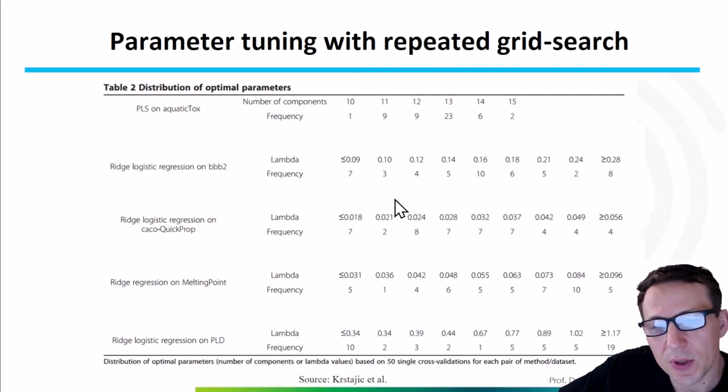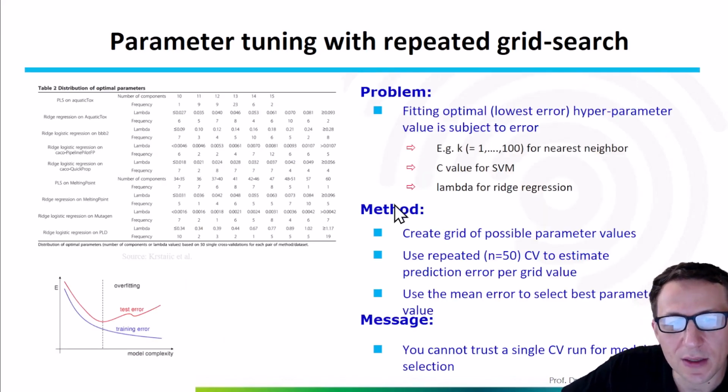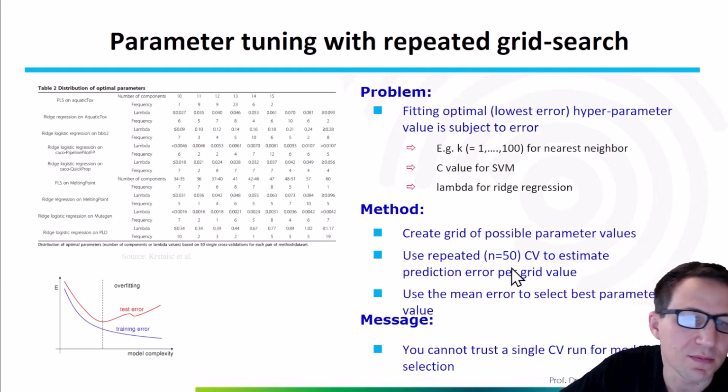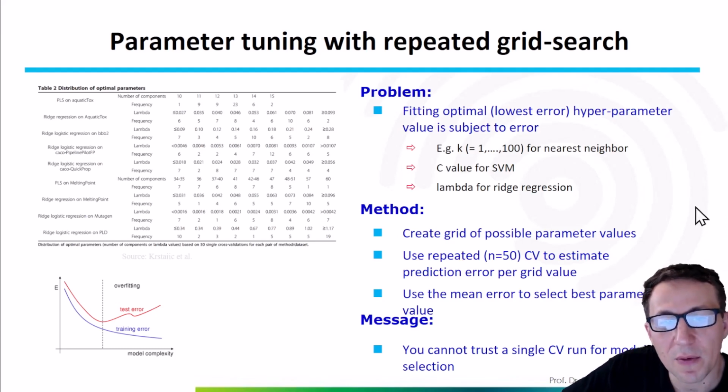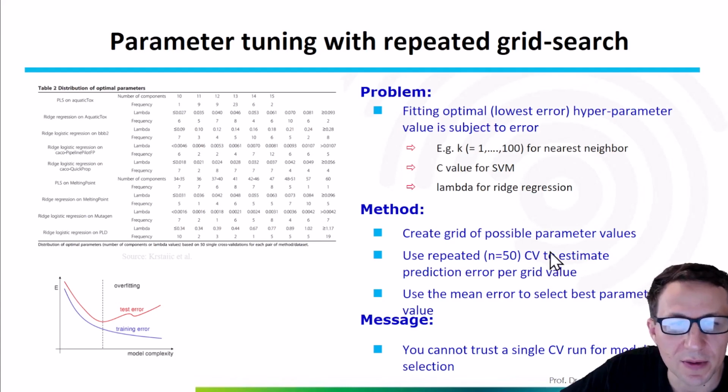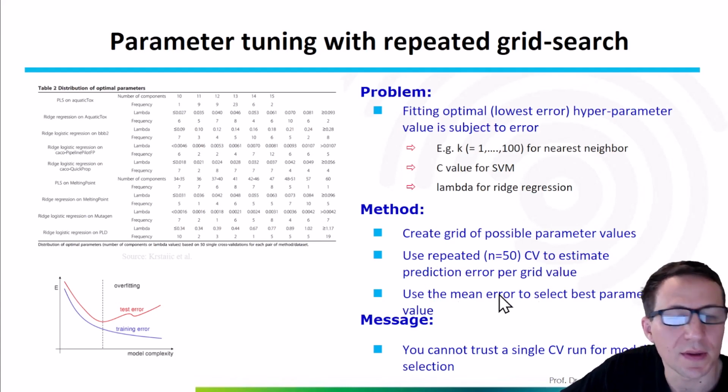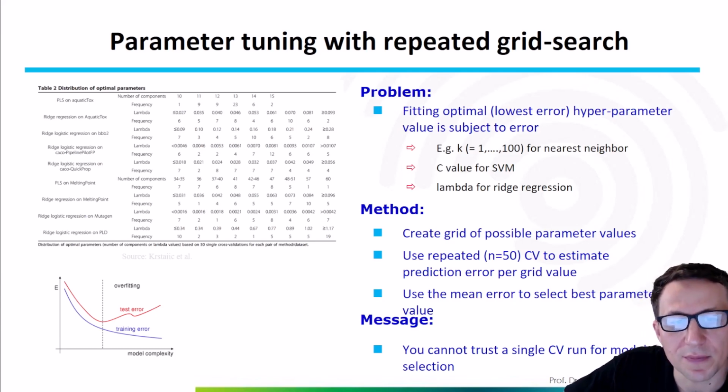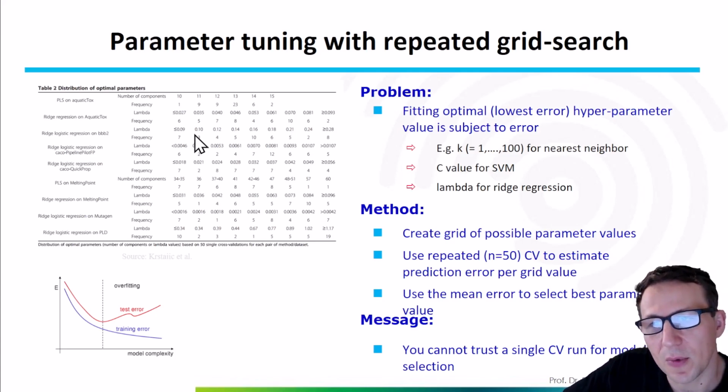Therefore, what you have to do is use repeated cross-validation with n equals, let's say, 20 to 50, something in this range, and average all these performance estimates for each of your lambda values. Then use the mean error to select the best parameter. In essence, you cannot trust a single cross-validation run when you want to fit the model complexity parameter.